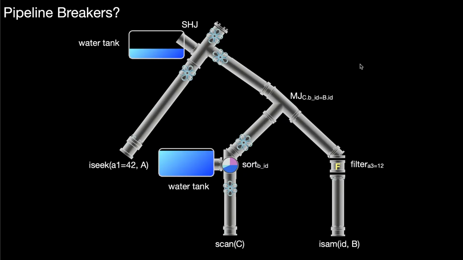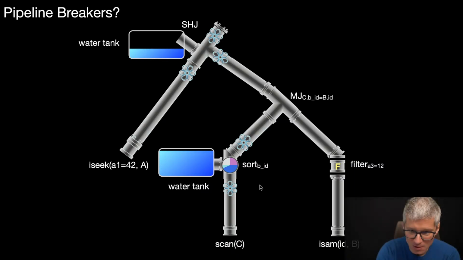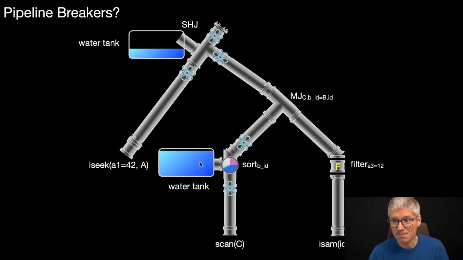But the problem is, some of these operators need to buffer the data that comes from underneath. So if you look at this here, in order to sort data, just to determine what is the minimum element in any given set of data, what is the smallest element if you sort in ascending order, you will only be able to do that if you have seen all the data.